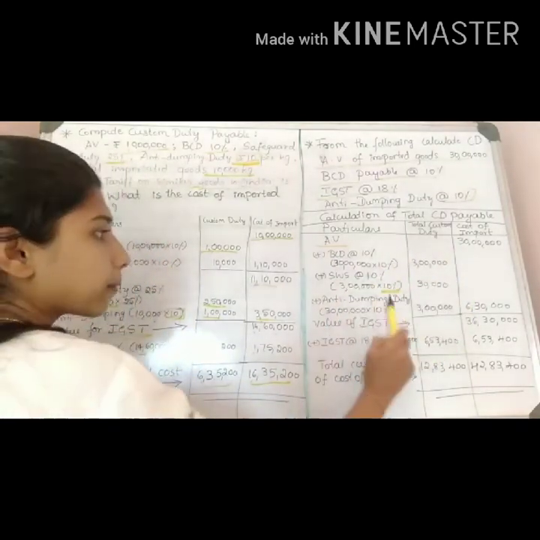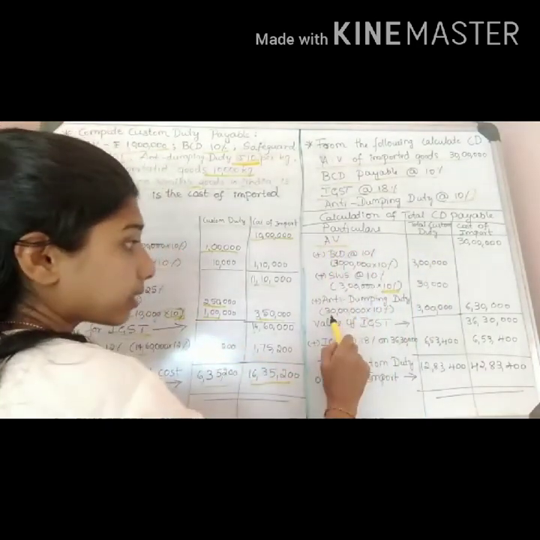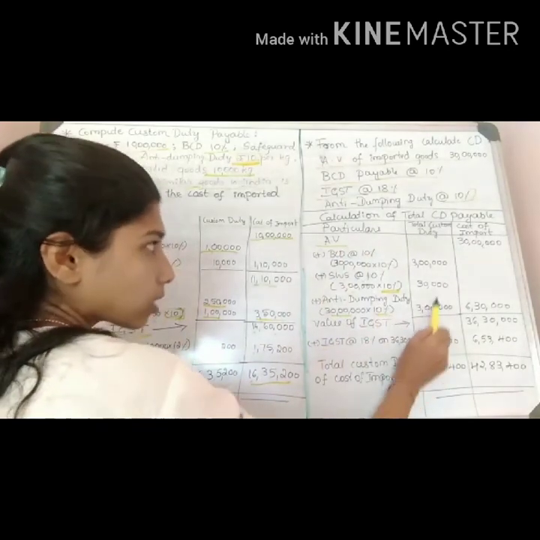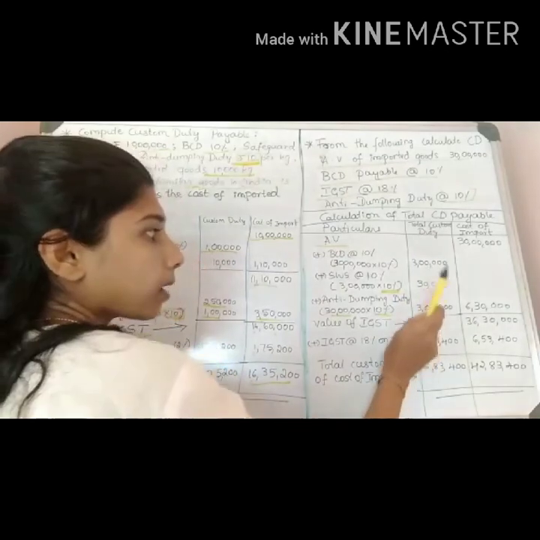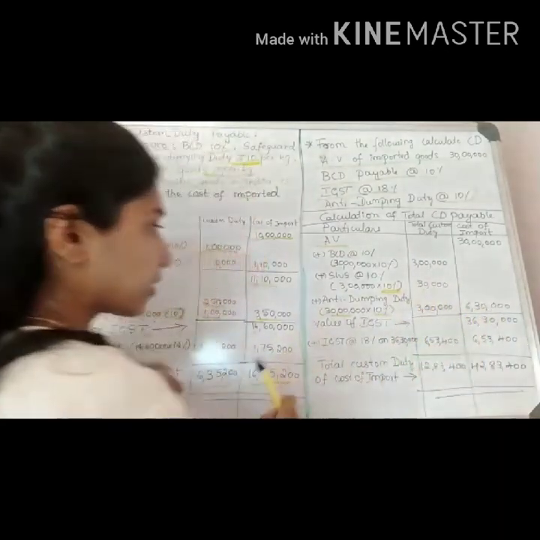Plus anti-dumping duty on assessable value: 30 lakh into 10%, 3 lakh. So total is 6 lakh 30,000.